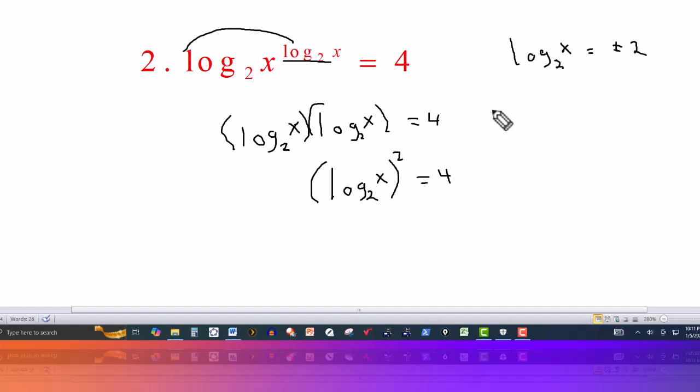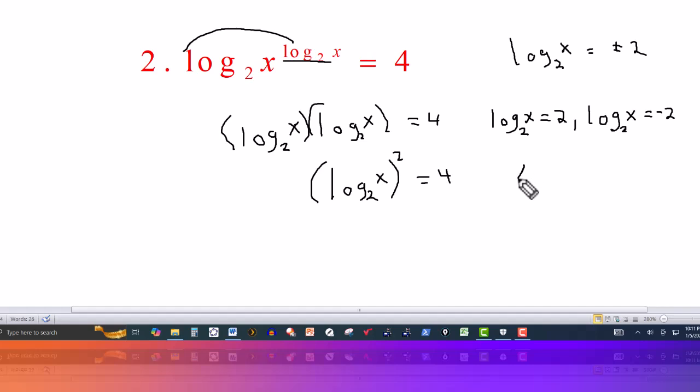So the log of x to base 2 can equal 2 or minus 2. We get that equation, and then we also get the log of x to base 2 equal to negative 2.